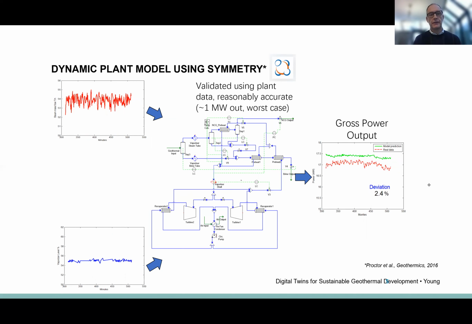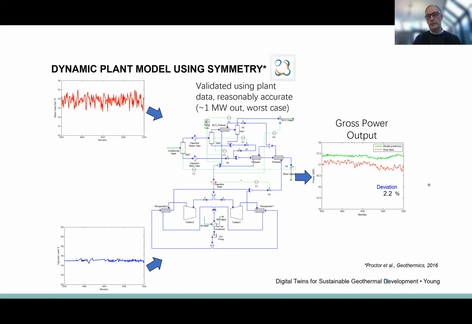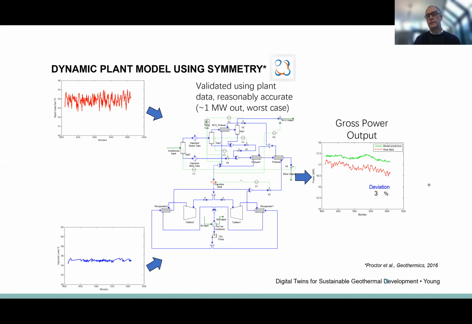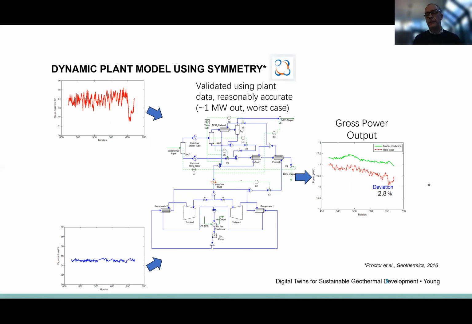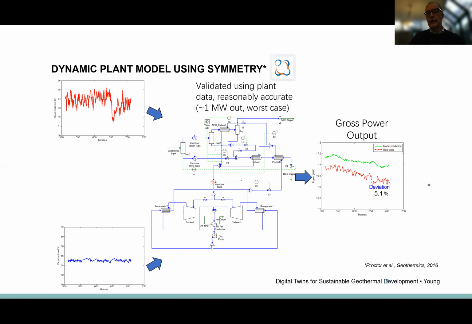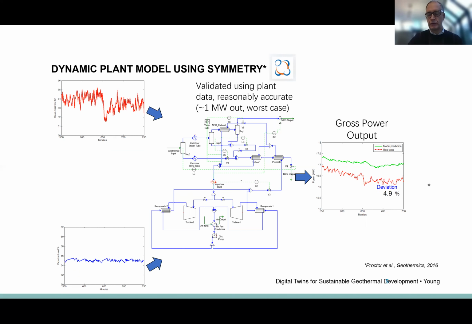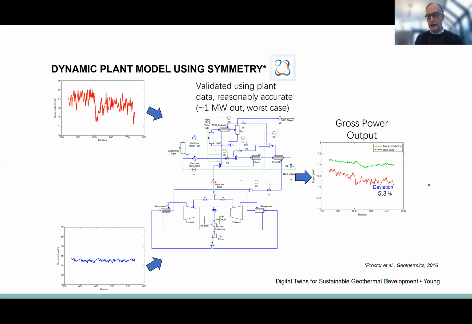And here you can see some real-time signals being fed into the simulation digital twin or digital model, and comparing that with the gross power output. You can see there's a consistent bias, but it's relatively small, and mostly following the gross trends of the plant. Again, a detailed explanation is given in the Geothermics paper referenced.